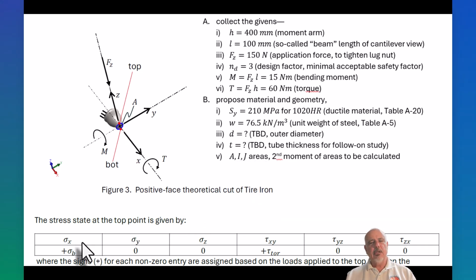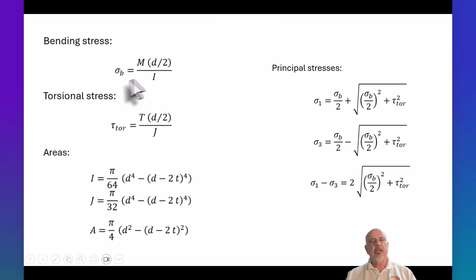So in terms of my coordinate system, I'm going to have a normal stress at that top point I'm worried about, a plus sigma B for bending. And then torsion-wise, it's going to be in the positive y direction for XY torsion, very easily calculated. There's my sigma B, the bending moment times half the diameter over I, and torque times the radius divided by the polar second moment of area.